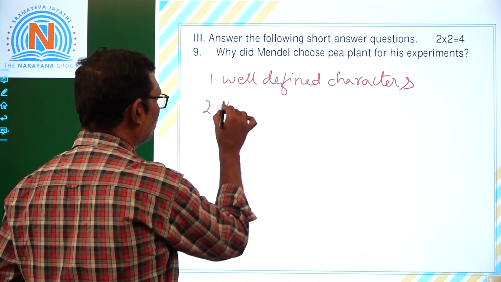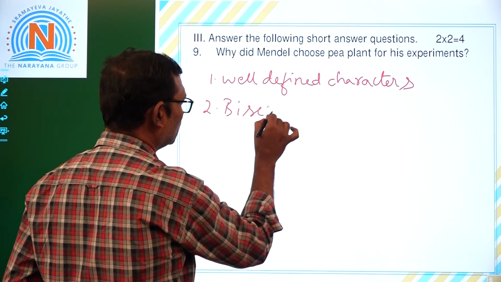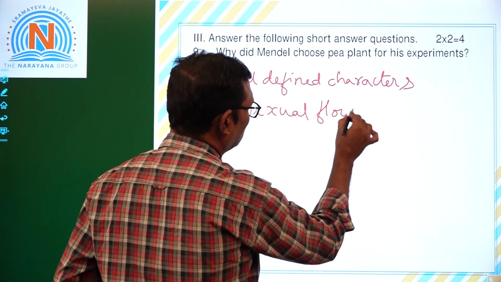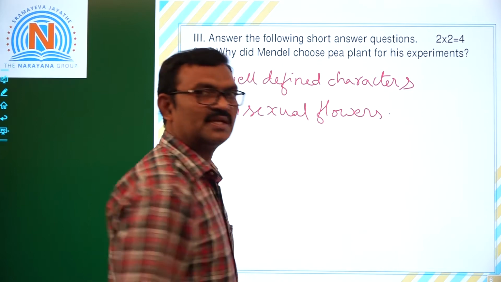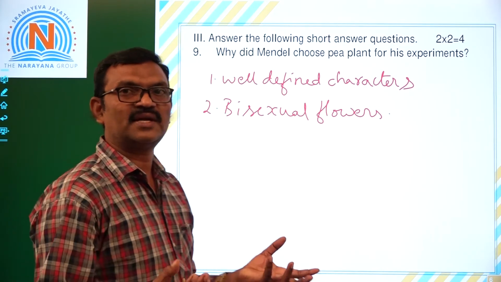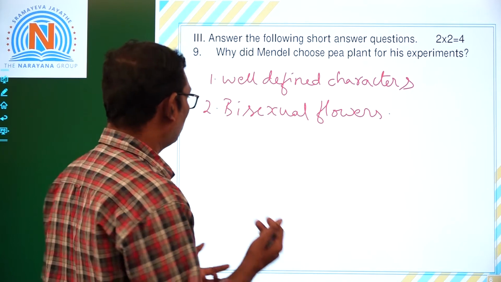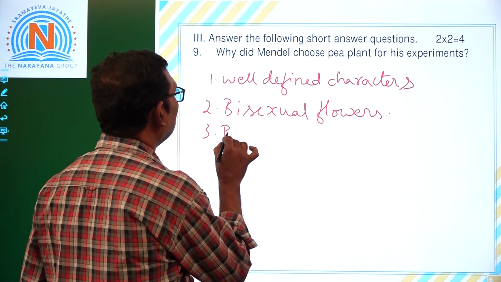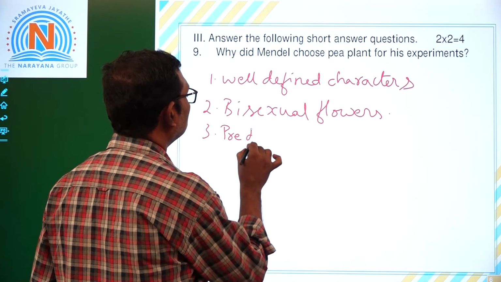And the second one, bisexual flower. They have bisexual flowers. That means in one flower we can see both male and female reproductive organs. So that is advantageous to the flowers. Next one, predominantly self-fertilization.